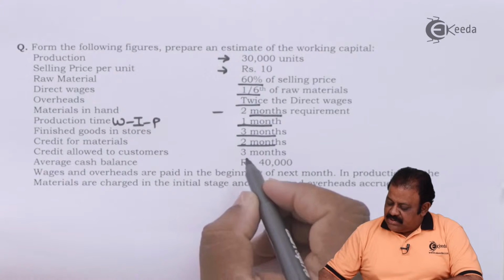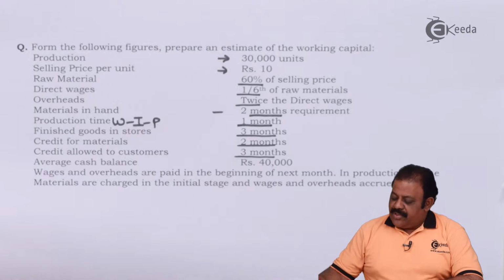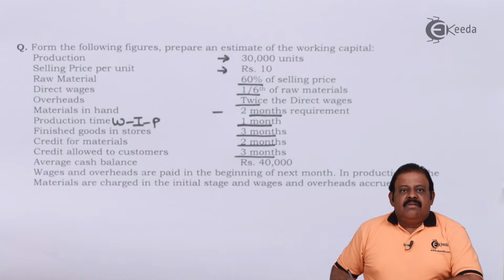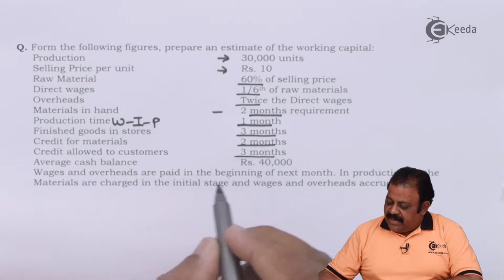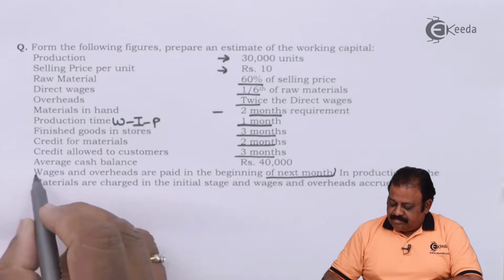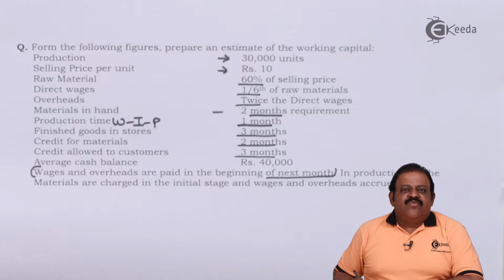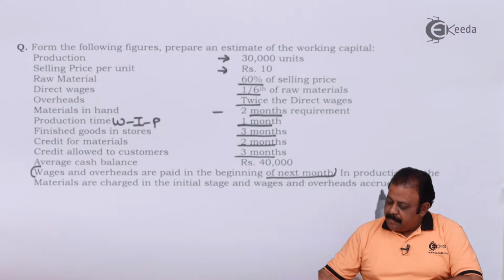Credit allowed to customers 3 months. Average cash balance 40,000. Wages and overheads are paid in the beginning of next month. This is information relevant for calculation of creditors for expenses.